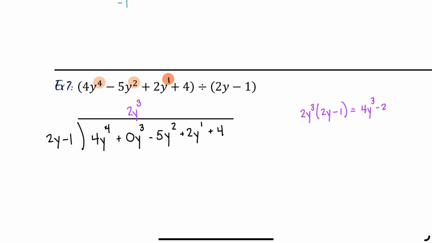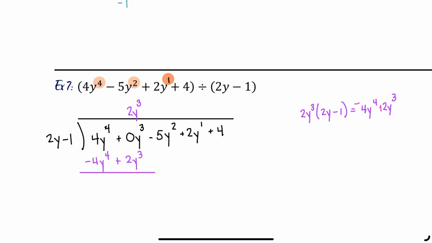That leaves me with 4y to the 4th minus 2y cubed. I will distribute my subtraction, and that will give me negative 4y to the 4th, and it looks like I'm going to need that placeholder so that all of my terms line up nicely.